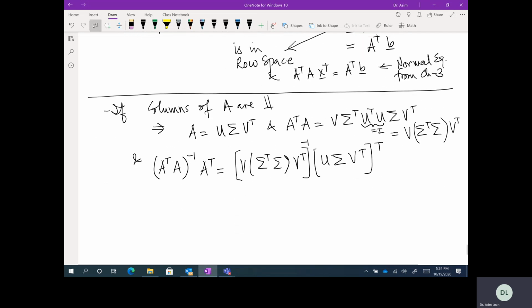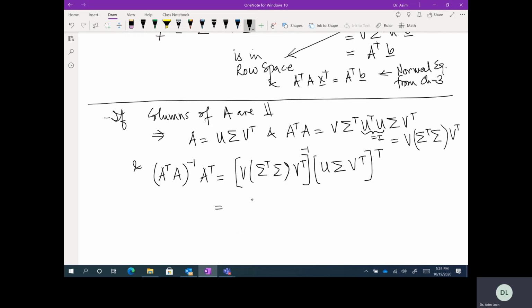When I expand this, I'll get V sigma transpose sigma whole inverse into V transpose.